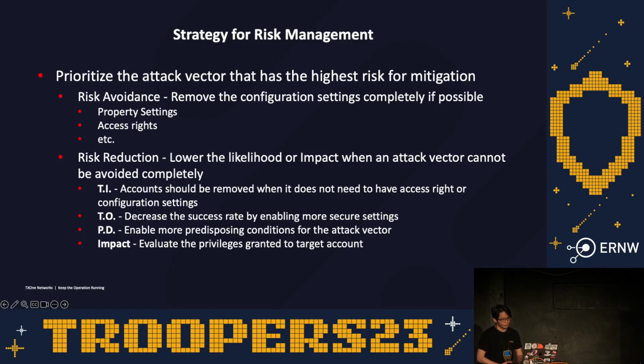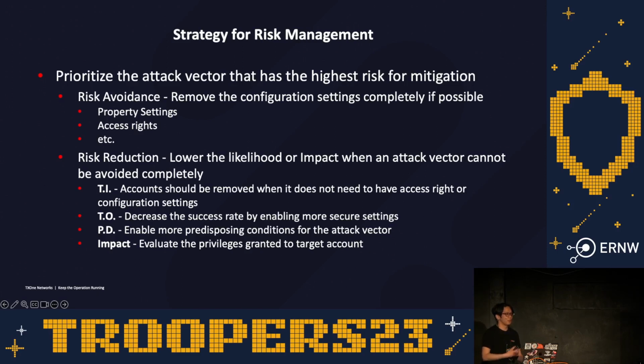So after assessment for the risk quantification, we can clearly prioritize our work for the highest risk value possible. And the first thing we will always try to do is to remove the configuration settings or the domain access rights that enable an attack vector.